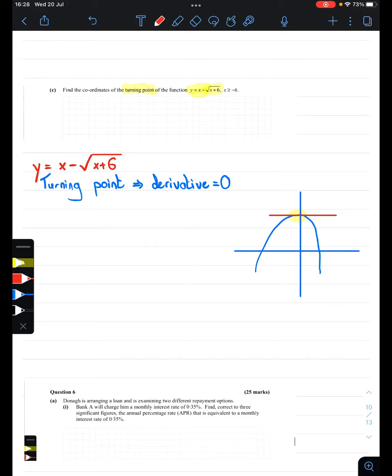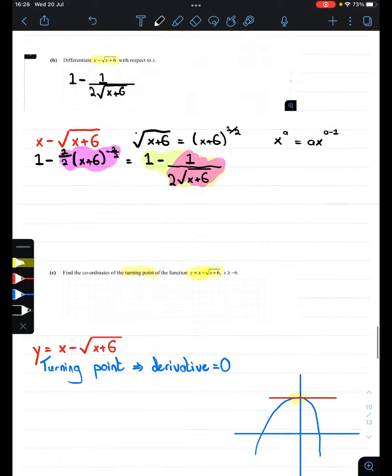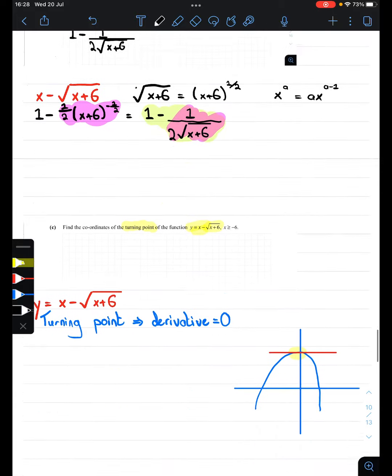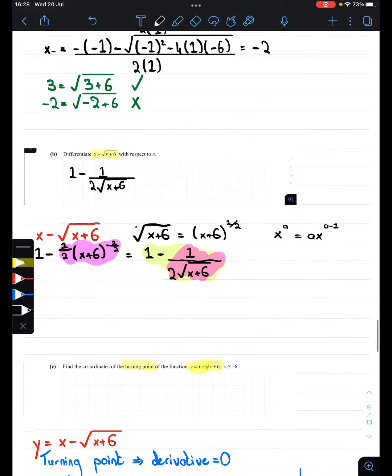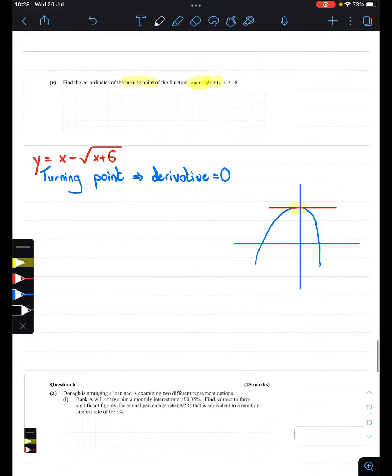Well, luckily enough, the previous question was finding the derivative. So we know that the derivative of this function, x minus the square root of x plus 6, is 1 minus 1 over 2 root x plus 6.